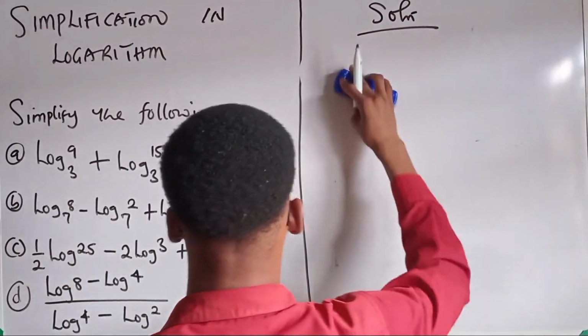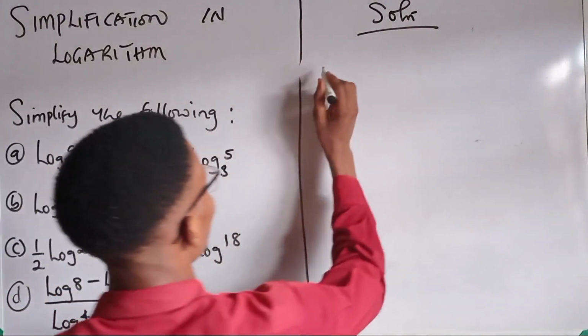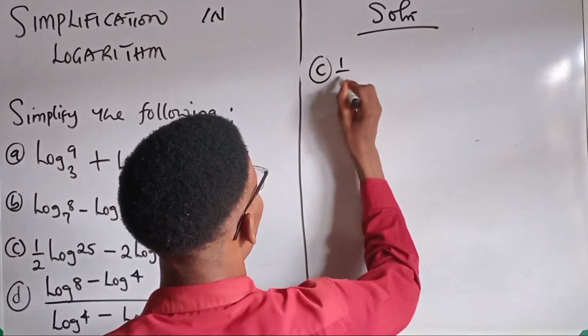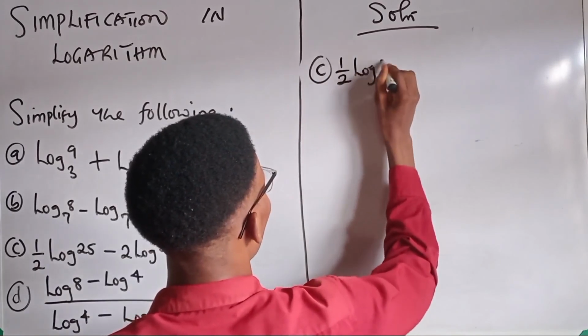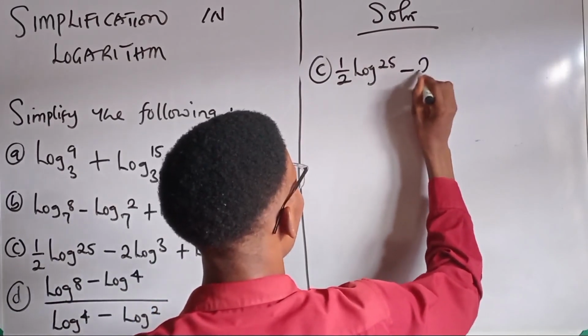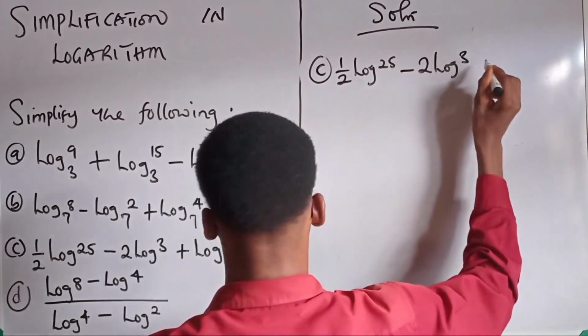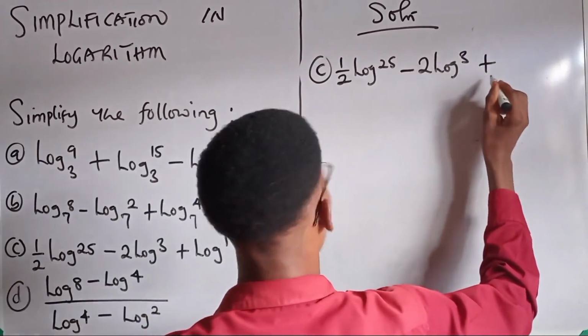So the third one says half log of what? 25. We have number C, half log of 25, then minus 2 log of 3 plus log of 18.